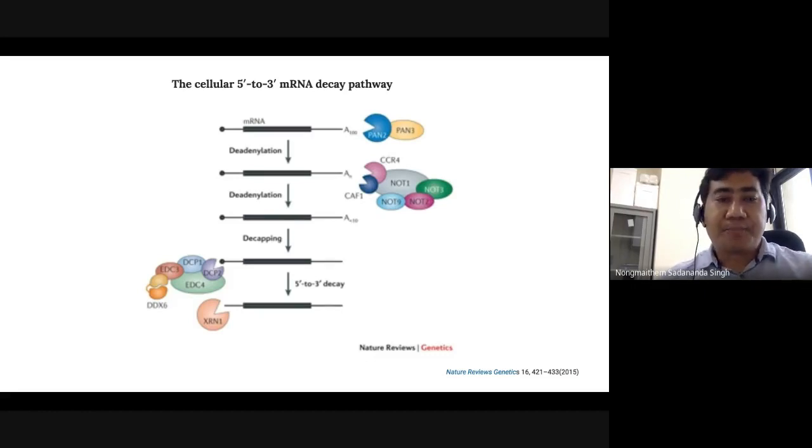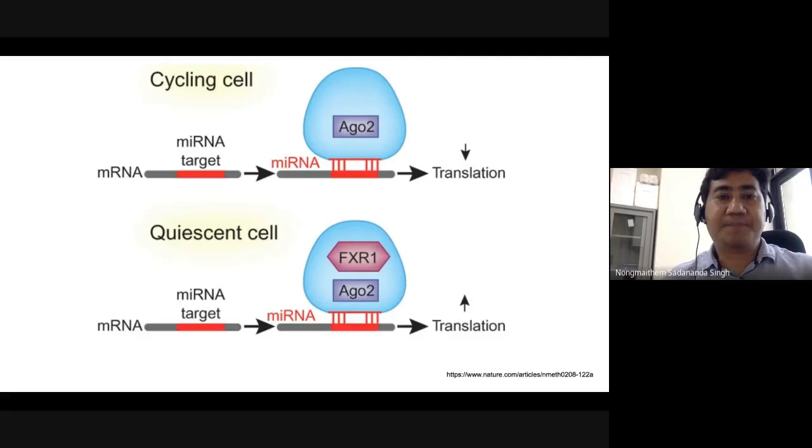Now there has been some observation in certain cases wherein the microRNA helps in stabilizing the mRNA and allows translation of proteins. For example, in one recent study, it has been shown that in normal, fast dividing cells, the microRNAs recruit AGO, the microRNA RISC complex, and degrade mRNA and inhibit or downregulate translation.